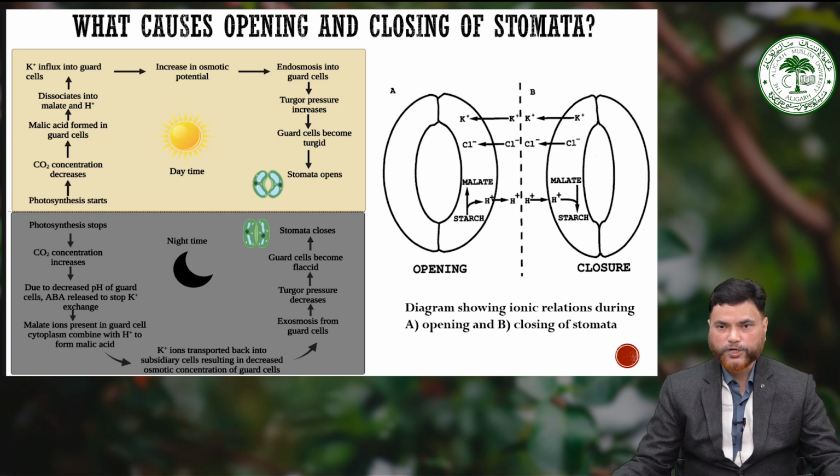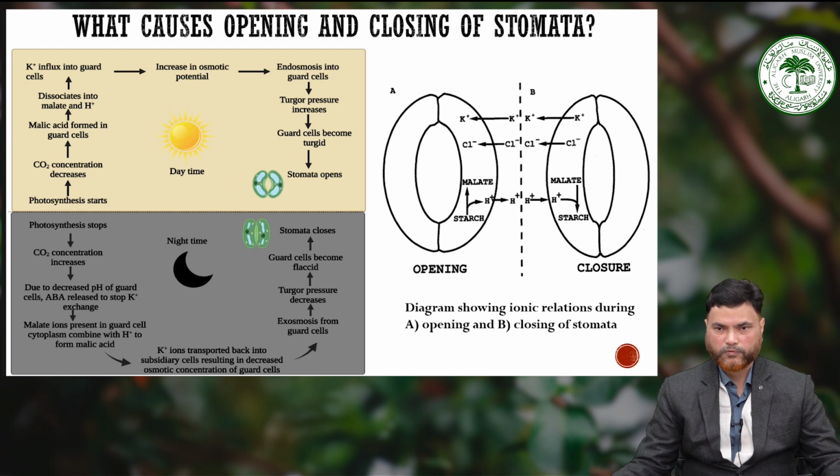In the next move, potassium from subsidiary or epidermal cells moves into the guard cells where it reacts with malate and forms potassium malate. This potassium uptake is generally balanced by uptake of chloride ion into the guard cell. This leads to an increase in the solute potential of the guard cells. Hence, this lowers the water potential, which causes endosmosis, and the guard cells become turgid and cause opening of stomata.